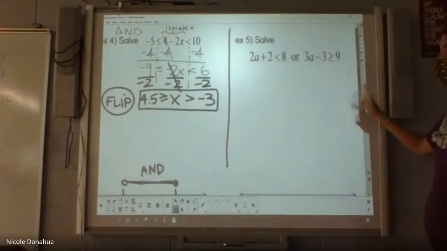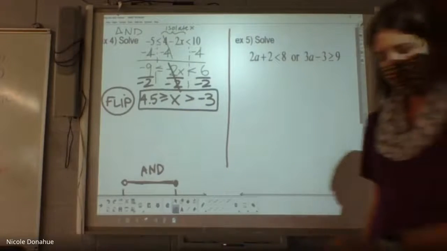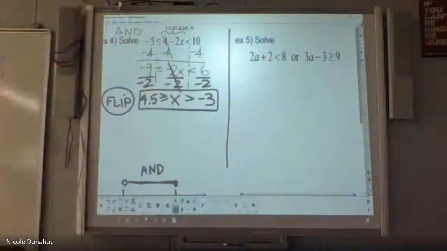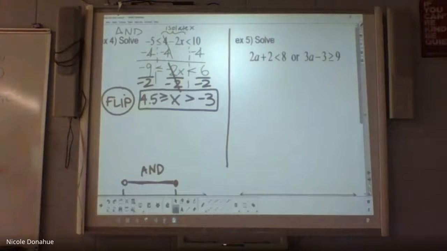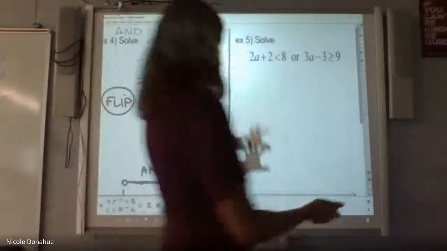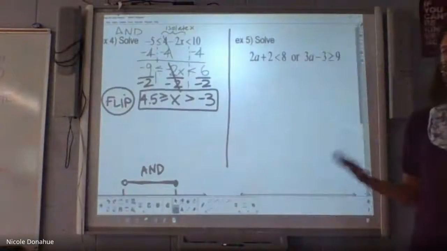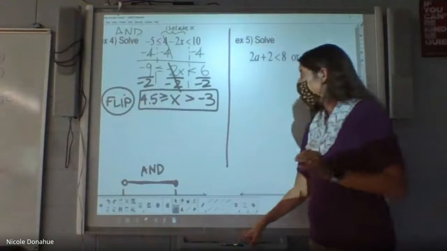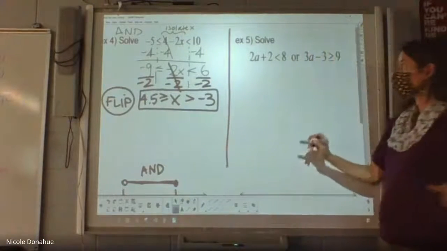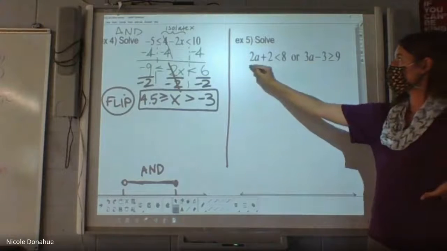And then finally, our OR inequality here. An OR inequality is kind of the easiest kind. You just solve them each separately and put an OR together at the end. So I'm going to solve one half, solve the other half, and say it's one or the other. I'm looking at just this part right now.